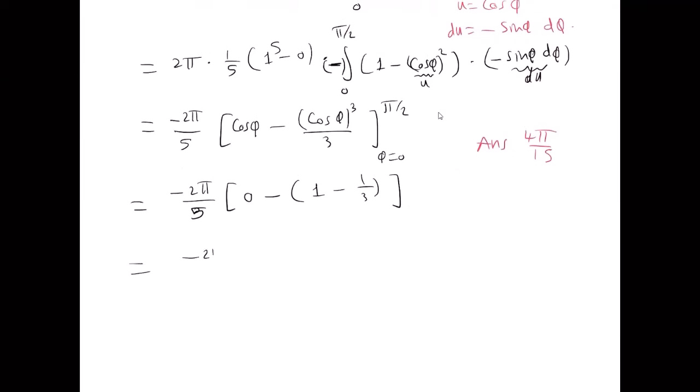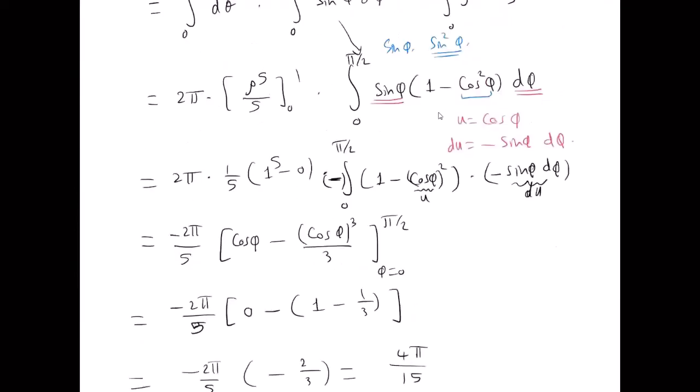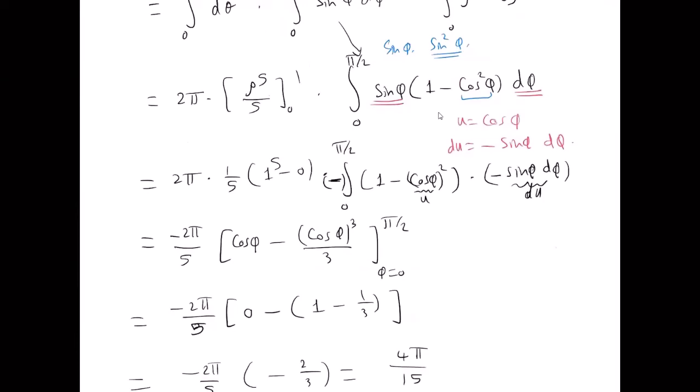So minus 2 pi over 5 times, here we get a negative value, negative 2/3. The final answer is 4 pi over 15, as promised. Yes, this is the right answer. If you need to make this substitution in more detail, do it. Don't worry about it, but you need to practice this a lot.